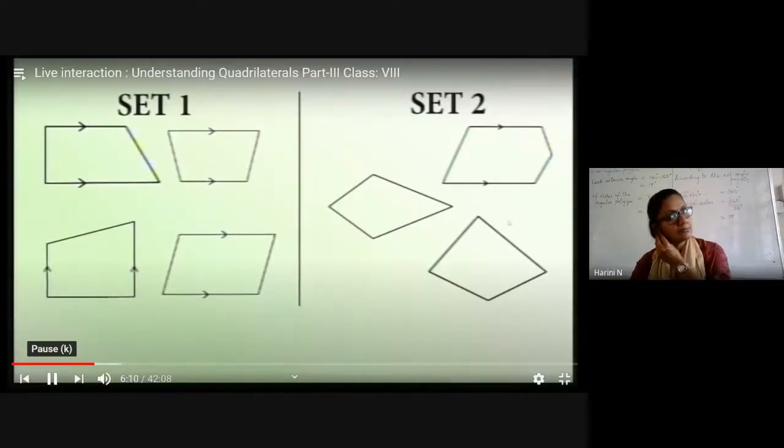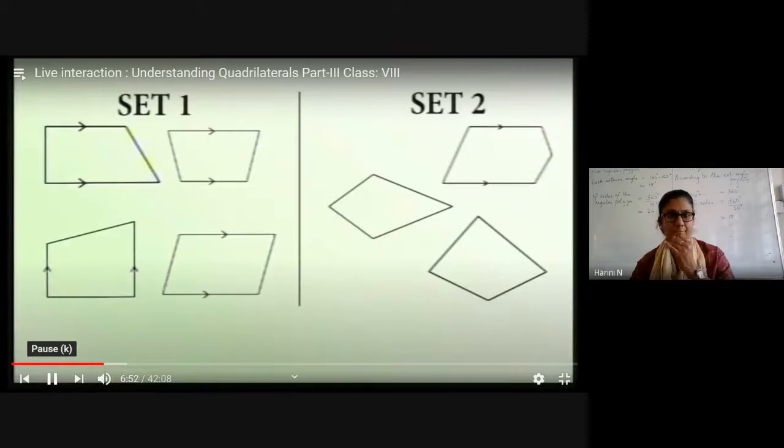In the second set, these two polygons can be categorized as quadrilaterals because they have four sides, but there is something more here. This polygon is not four-sided; it is a five-sided polygon, which we have labeled a pentagon. Here we don't have these arrow marks in these two quadrilaterals, which means they do not have any parallel sides at all. So I am focusing your attention on one major attribute of the quadrilateral.